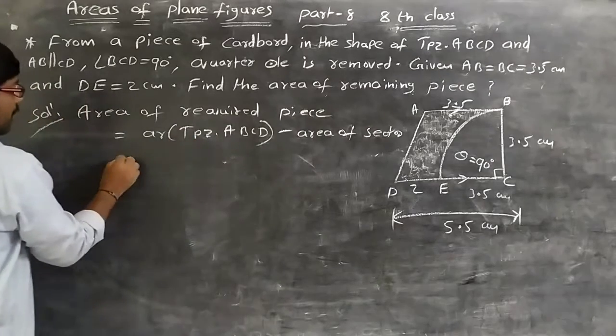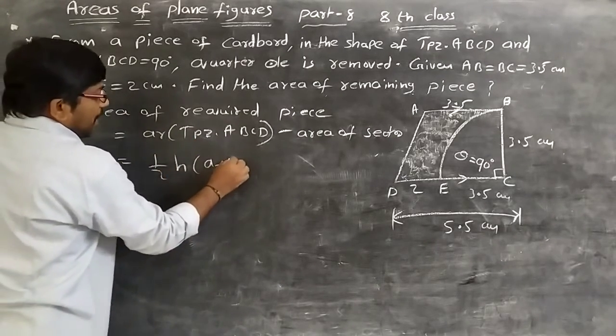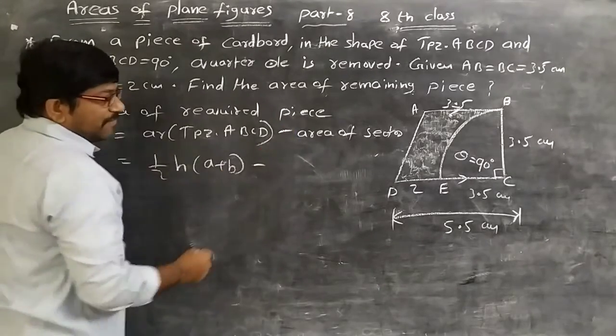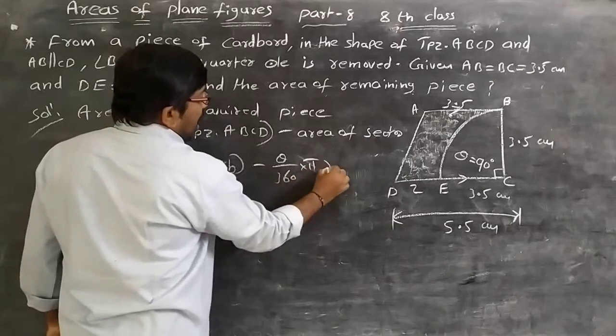We know very well the area of trapezium formula, half h into a plus b, minus the area of sector formula, theta by 360 into pi r square.